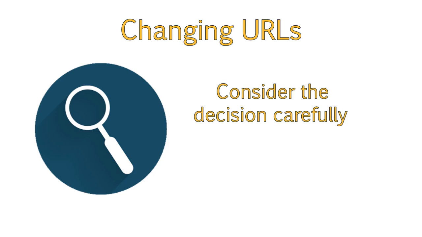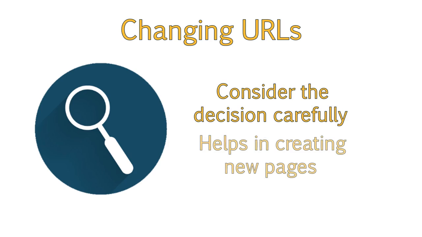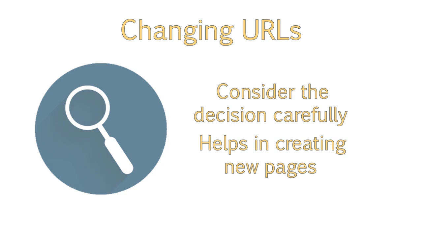However, this knowledge will come in handy when working with clients to create new pages, or in cases where you are building your own site or working with a client to build theirs. Whenever you are creating a new page, follow the best practices we have discussed to create an optimal URL.